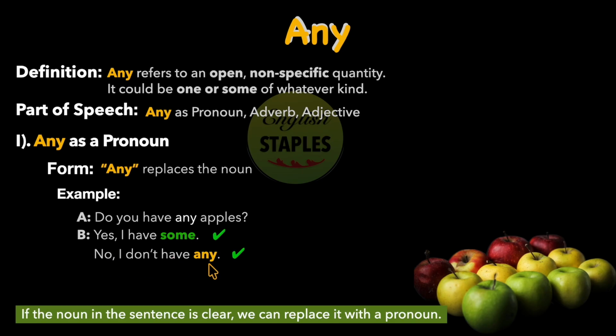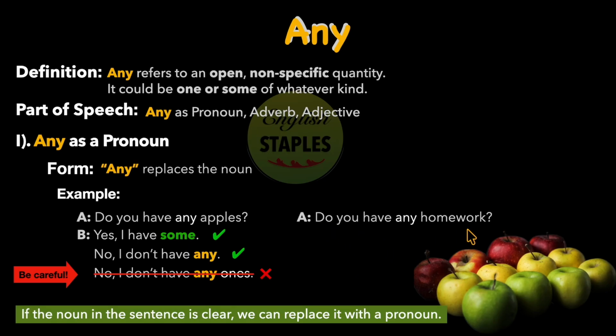So any is the pronoun that is replacing apples. Do you see this? Be careful. We do not say, no, I don't have any ones. Okay? Do not say that. That's incorrect.